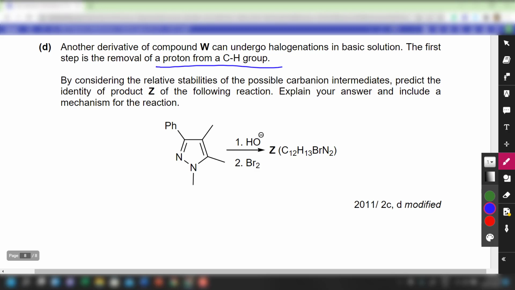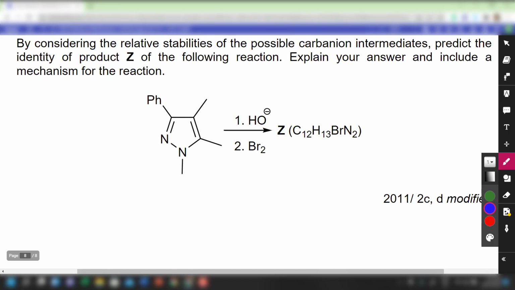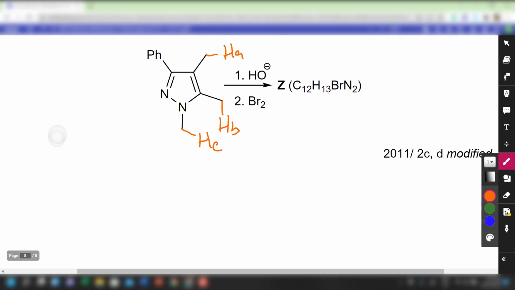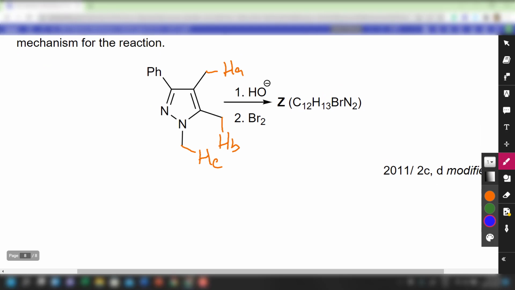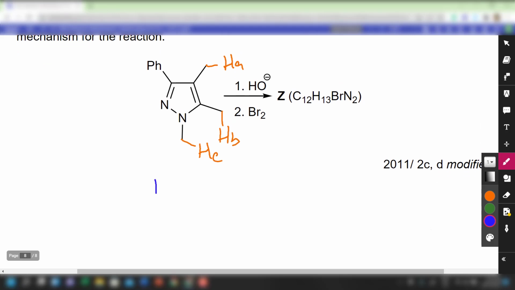First of all, we have to decide where the potential sites are where the proton can be removed. If I sketch it out, there are 3 potential protons. One of them is here, which is HA. The other one is HB, and the other one is HC. So shall we just draw all 3 carbanions, and from there we can decide which is likely to be removed.